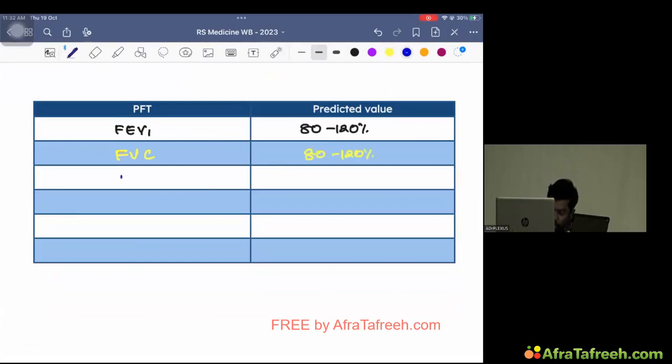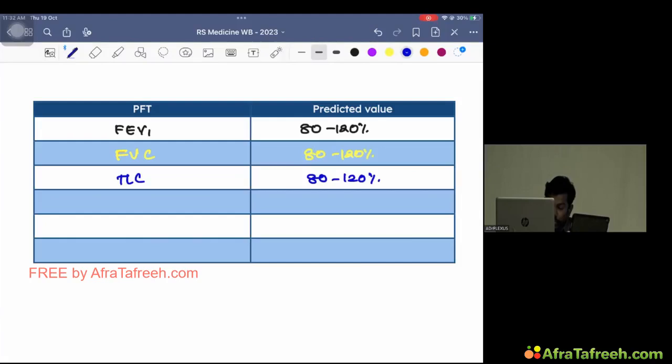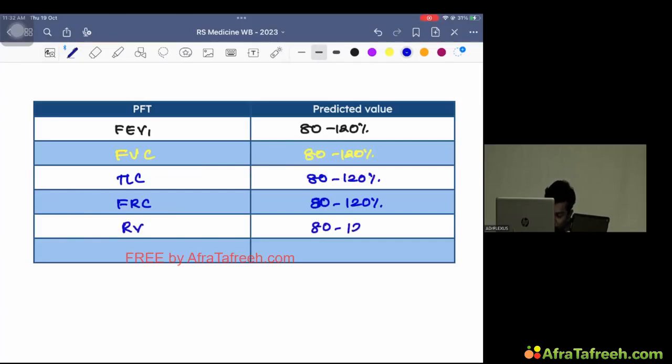Then TLC, total lung capacity, the normal value is 80 to 120%. FRC is around 80 to 120%. For residual volume, it is 80 to 120%. And the last one, which we'll discuss later, DLCO, the normal value is 60 to 120%.